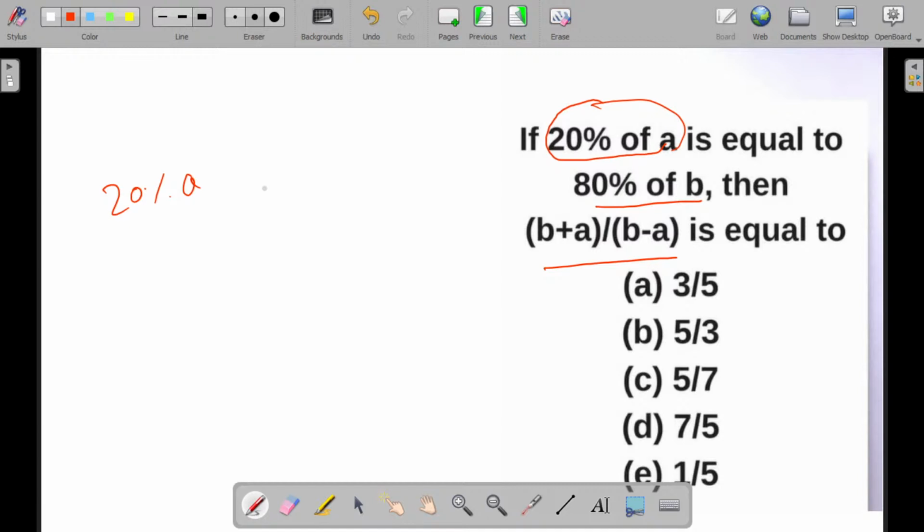Okay, Anish is mentioned. Answer B. 20 percentage of a is equal to 80 percentage of b. Then find out (b plus a) by (b minus a).